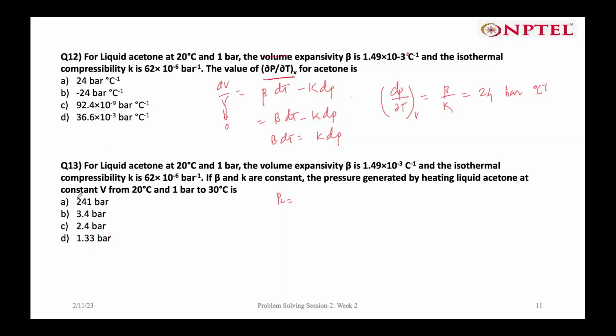In this statement the constant volume is mentioned, so same concepts. Here T1 is given, P1 given, T2 given, and also beta and K given.